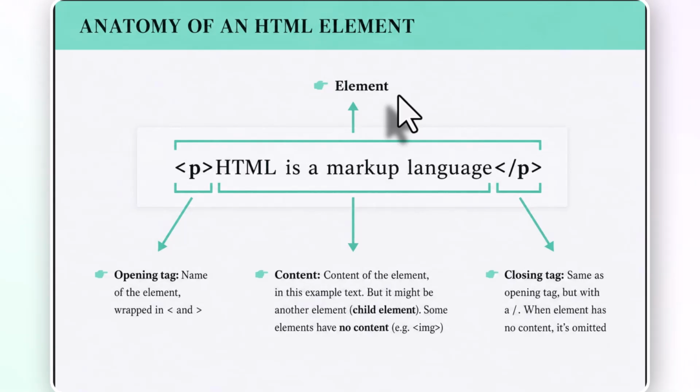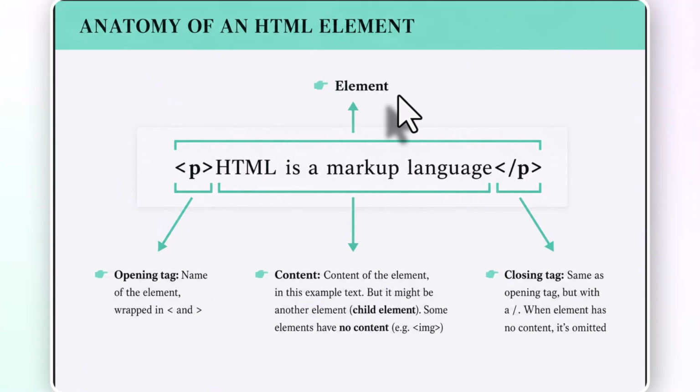When I speak of opening tag or closing tag or content. And speaking of the closing tag, it is basically the same as the opening tag but with a slash. So we open this paragraph element simply with a P and we then close it by adding a slash. Okay. Now elements that do not have content, such as the image element that I mentioned before, we actually omit the closing tag.